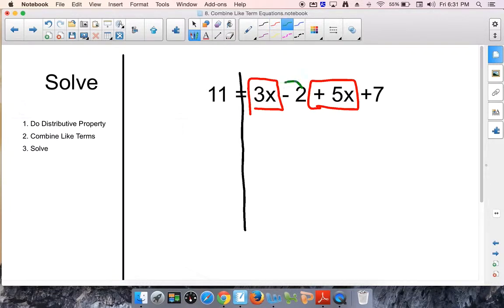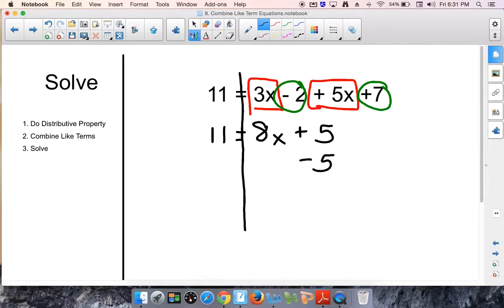I have a negative 2, or minus 2, and a positive 7, or plus 7. So now I have 3x plus 5x, which gives me 8x. I have a negative 2 plus 7, or 7 minus 2, which gives me a positive 5, and that equals 11. And now I just solve it.